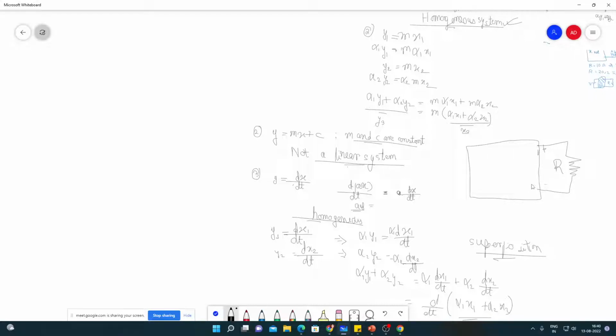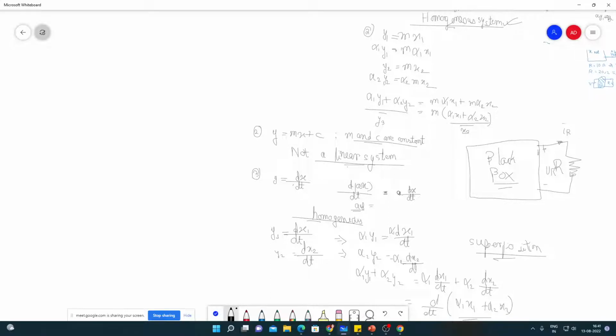It's a black box to you, so you have no idea what's inside it. You can just measure the voltage across the load resistance, that's VR, and the current flowing through that resistance, say IR.